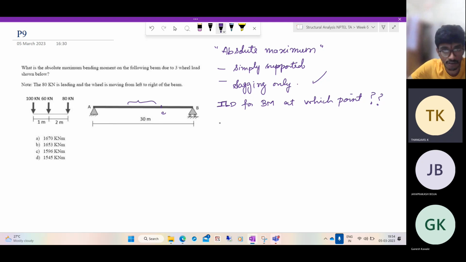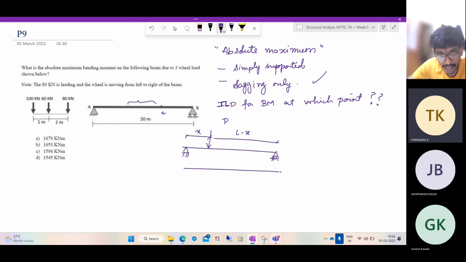So let us just consider a load of P acting on the beam at a distance x. So this is at a distance x, this is L minus x. We know that in this case, the bending moment diagram is like this, with a maximum value of Px into L minus x by L. This is known.